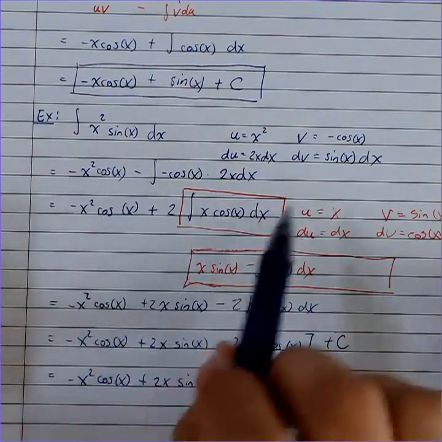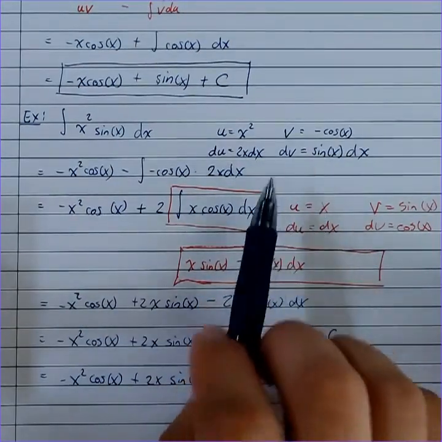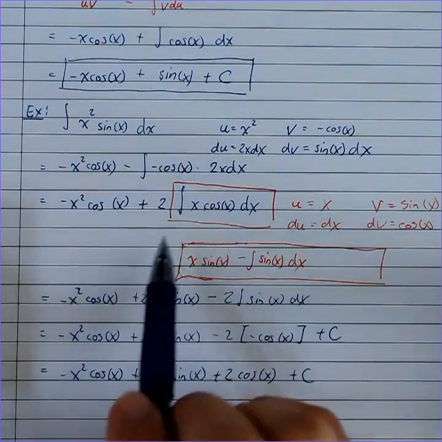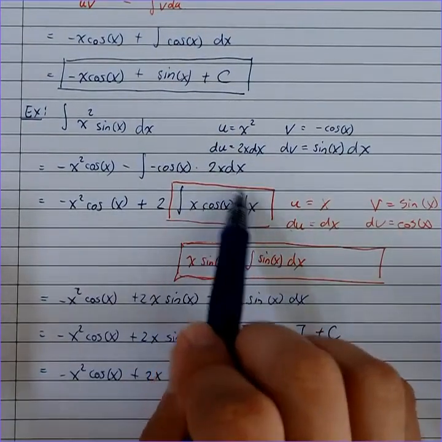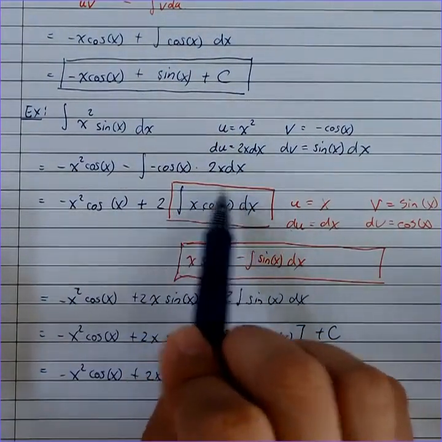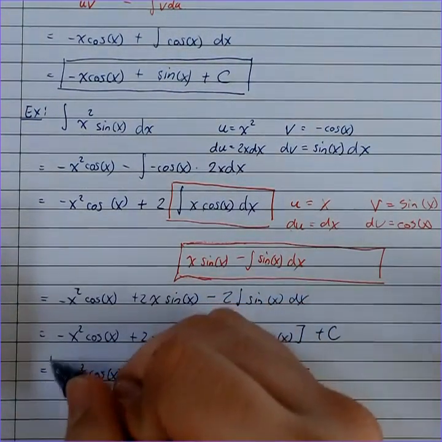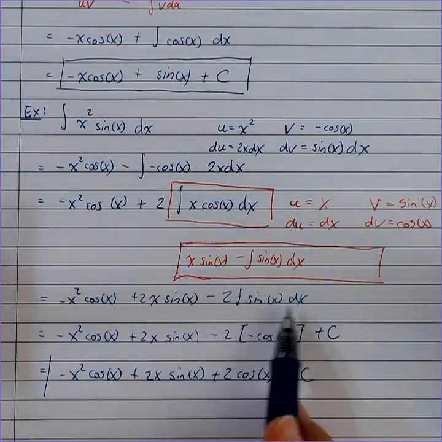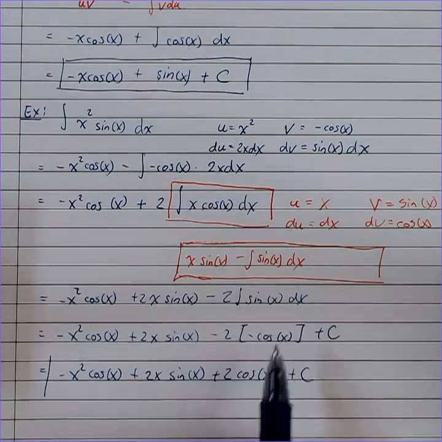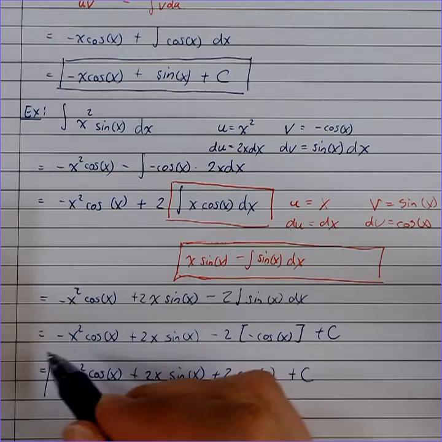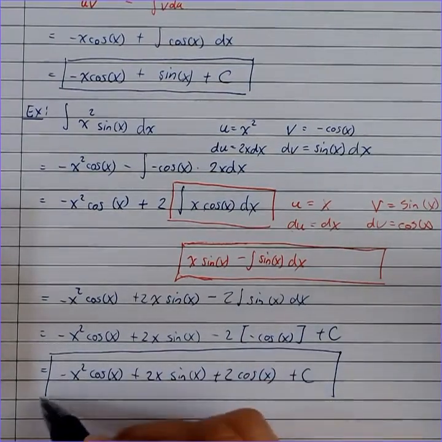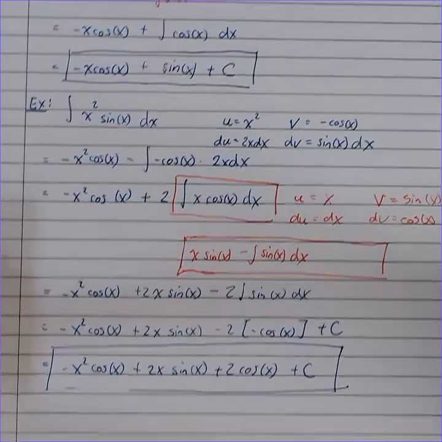Note that it took 2 iterations, 2 uses of integration by parts, once to simplify it down, but then a second time to simplify this portion down to something we can handle. Once you trade it down to an integral that you can handle, that integral can be taken, and the entire expression is our antiderivative, just like that.